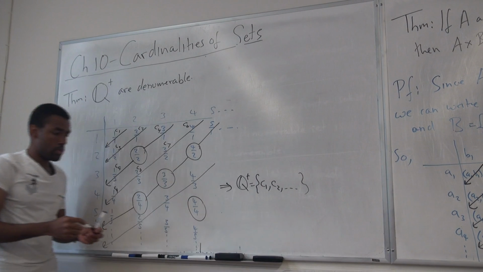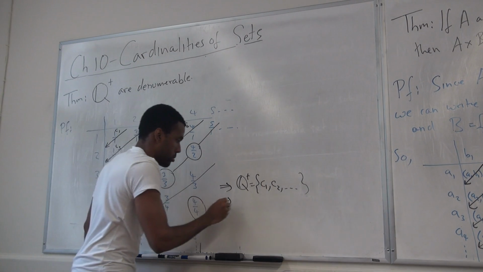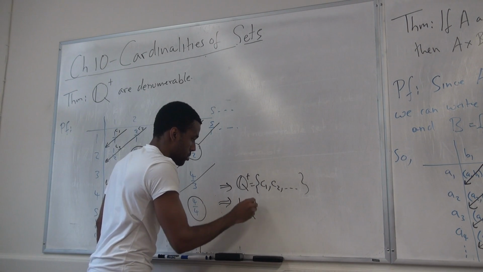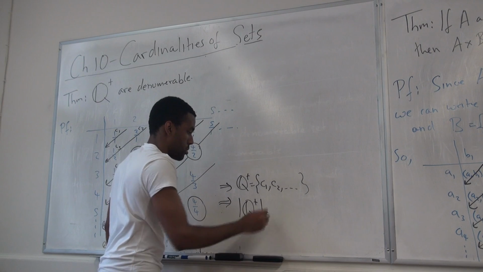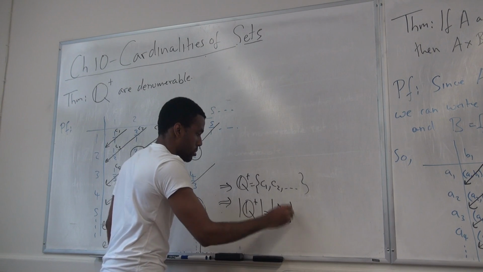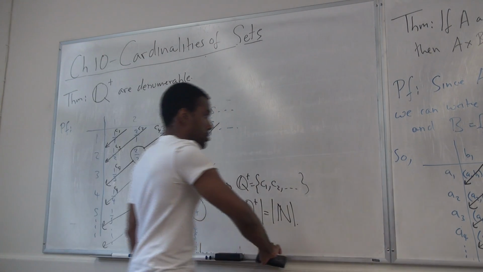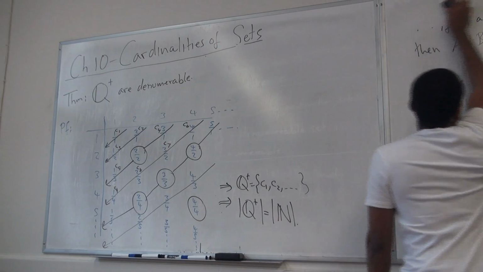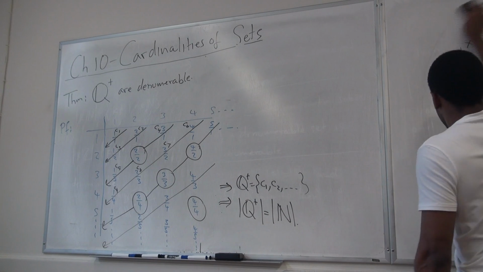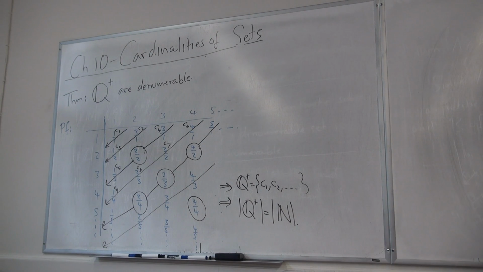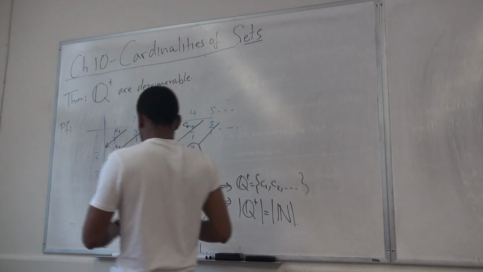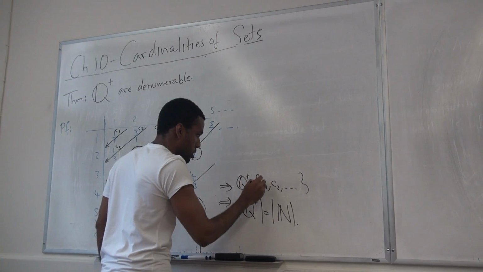You can list off the elements. Let's not use C, since we already use C. Let's use Q.